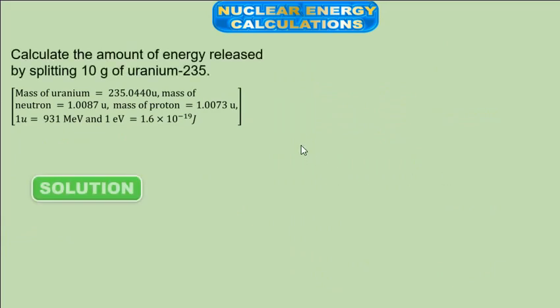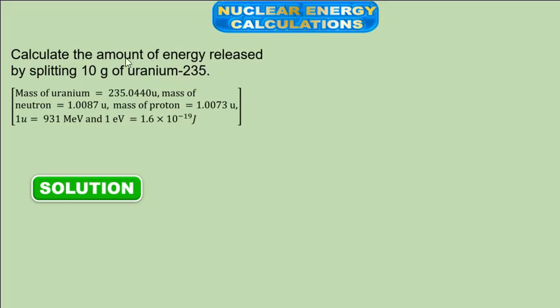So now we have the next question, and it says calculate the amount of energy released by splitting 10 grams of uranium-235. Just splitting 10 grams of uranium-235. Remember, a mole of uranium-235 contains how many grams? 235 grams. But we are not just going to convert all this mole into energy.